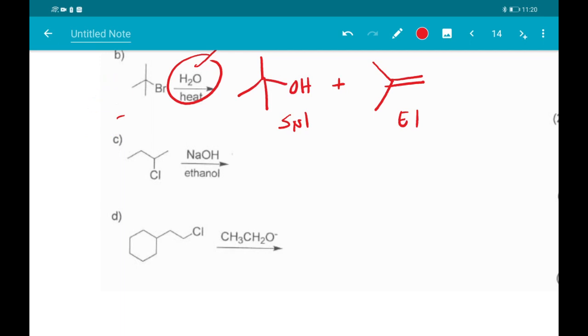The third one will be a secondary alkyl halide because the C-X is attached to 2 carbons. Secondary is a little bit tricky because it can undergo any mechanism, whether SN1 or E1 or SN2 with E2.